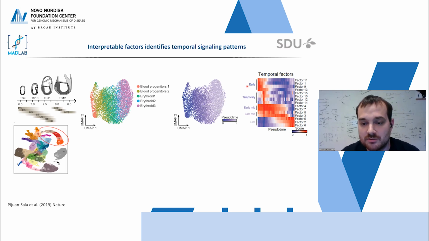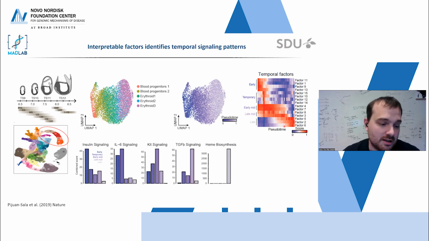So we see a bunch of factors that are especially highly expressed in early differentiation here. Then we have some that are transient, and they're sitting right on the boundary of going from the progenitors to the first erythroid state, indicating that these might be involved in transition. Then we have some early and late mid active factors and some late factors.